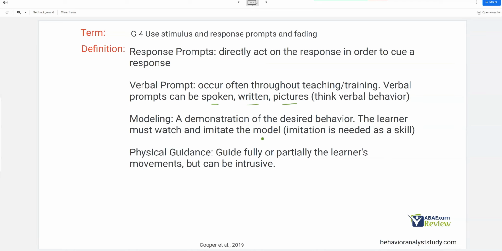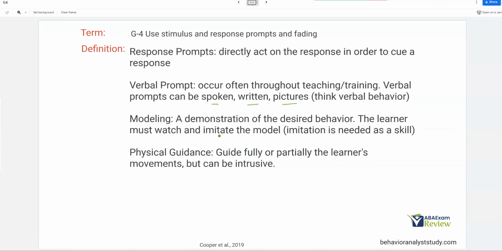Modeling. Modeling is a demonstration of the desired behavior. In order to use modeling, the learner has to have pre-attention skills and these pre-academic skills where they can sit and watch a model and then imitate. If they can't attend to a model and they can't imitate, well, then modeling is not going to be very effective.